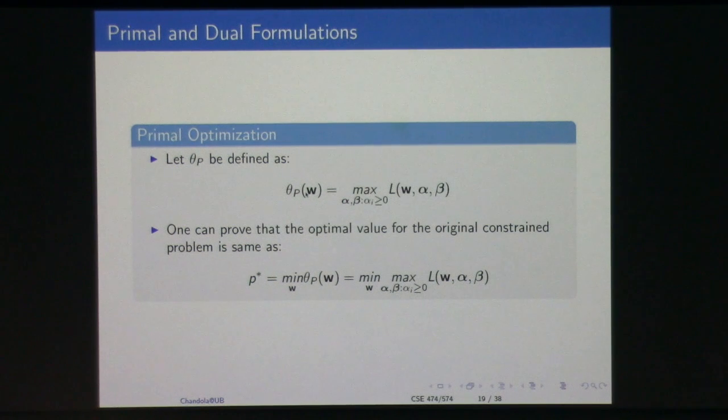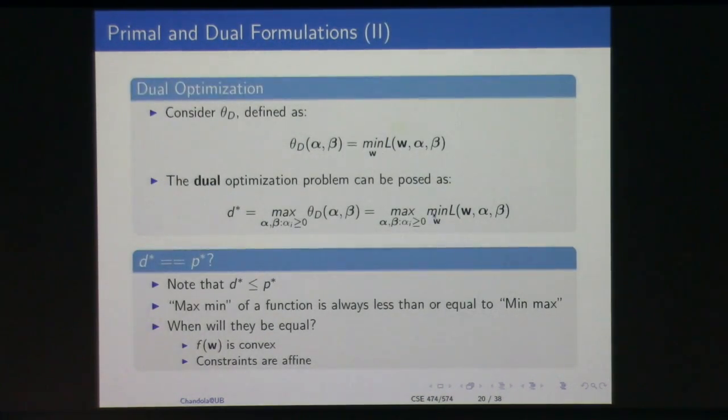It might be easier. But if you look at this, in the primal, what you do is you first figure out what alpha and beta are. You first try to maximize this problem with respect to your alpha and beta, and then whatever you get, you try to minimize that. And in the dual, you do the opposite. You first try to minimize this with respect to W and then with respect to alpha and beta. Now, since in many cases alpha and beta get multiplied with your constraints, and if you assume your constraints are affine, which means they are linear, then this would be slightly easier to solve.